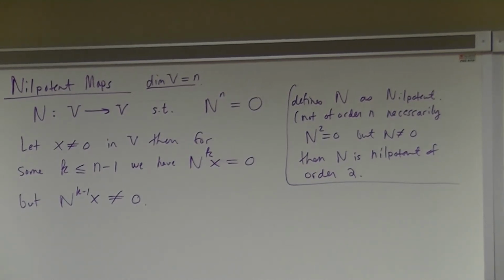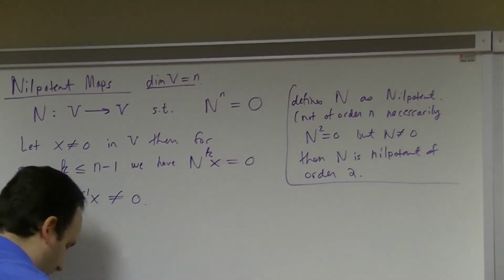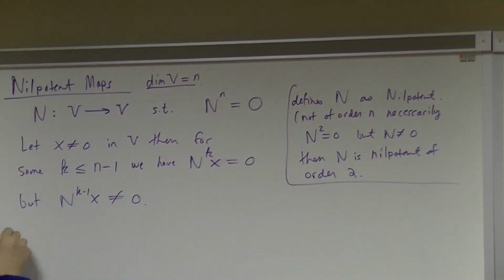So what does that mean? If you look at it, what would that mean? That would mean n times n^(k-1) x is equal to what? 0.